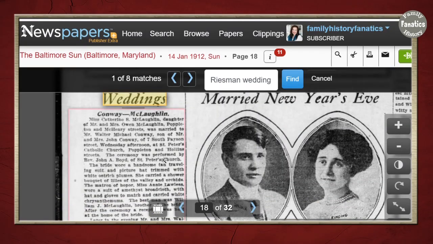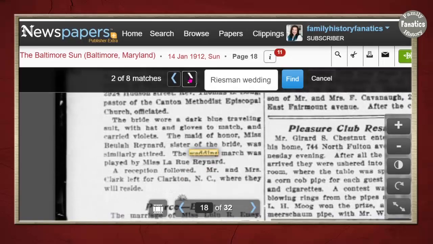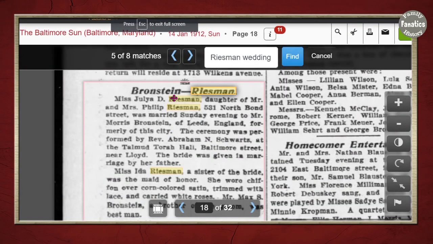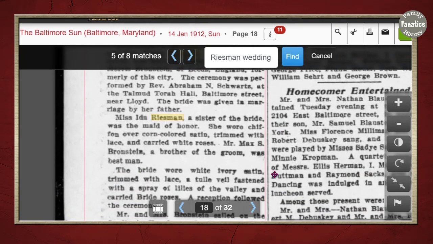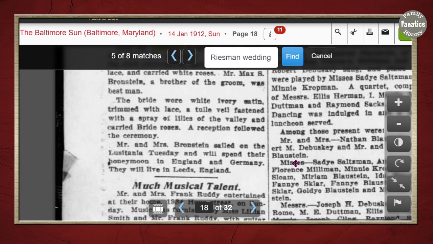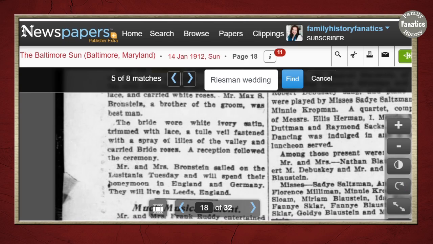And in this case, we were looking for the Reisman wedding, and there we have it down there. The Bronstein and Reisman wedding, and we have all the details, a sister of the bride and what she wore, a corn-colored satin trimmed with lace, and carried white roses. How lovely is that? So use a surname plus wedding.